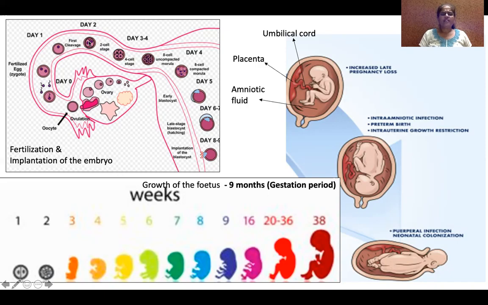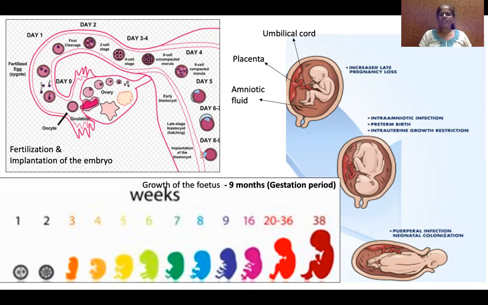It starts successive divisions, 2 stage, 4 stage, 8 stage. Then it enters the uterus, and when the divisions are almost complete, that stage is called blastocyst formation.